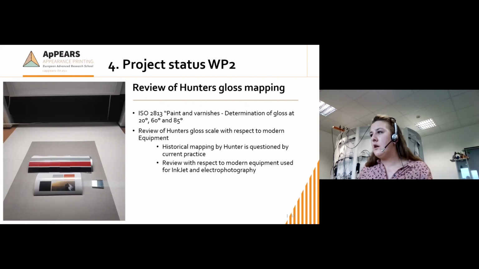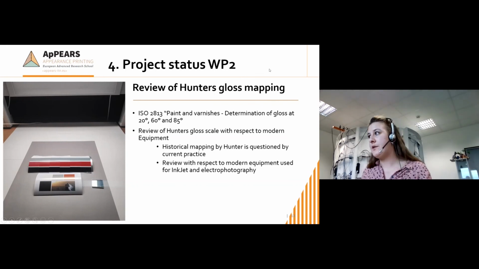The next thing that I'm currently working on is the review of Hunter's gloss mapping, because less than 100 years ago, Hunter did gloss mapping and established the measurement of gloss at 20, 60, and 85 degrees.